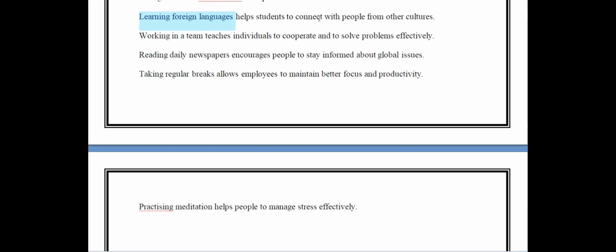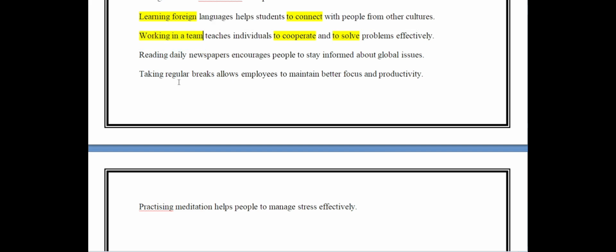Learning foreign languages, the word learning being the gerund, and to connect is to plus infinitive. Then, working in a team teaches individuals to cooperate and to solve problems effectively. We have two verbs here: to cooperate and to solve, the two to plus infinitives.